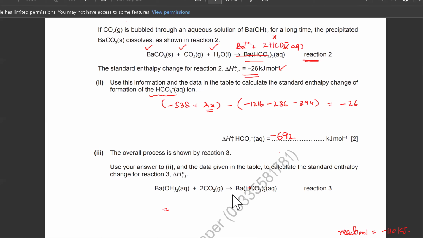Now, coming to the last part. The last part is about, I think, drawing the Hess cycle, which is that use your answer to 2 and the data given in the table to calculate the standard enthalpy change for reaction number 3. So for 2, this is 2, right? So now we have the data, because we've got, you're going to dissociate it. Okay, so let me get rid of the previous working.